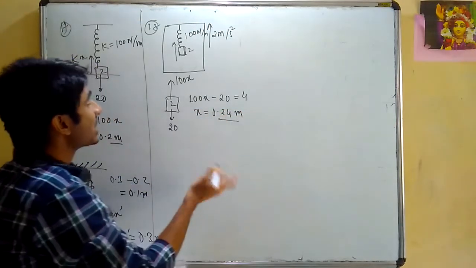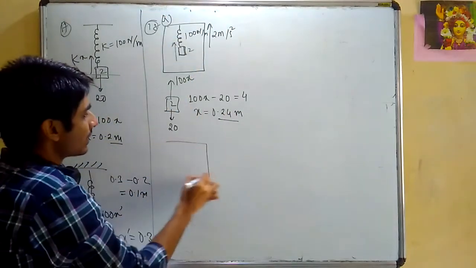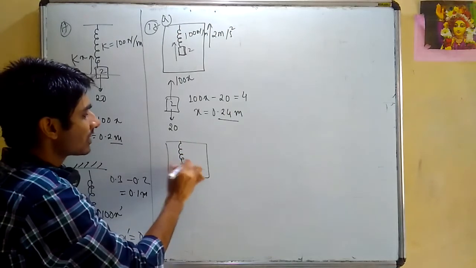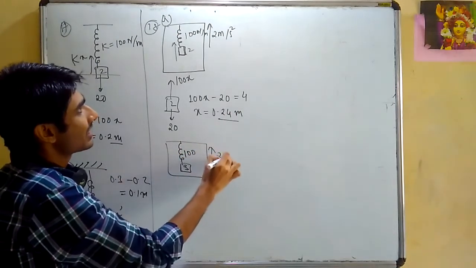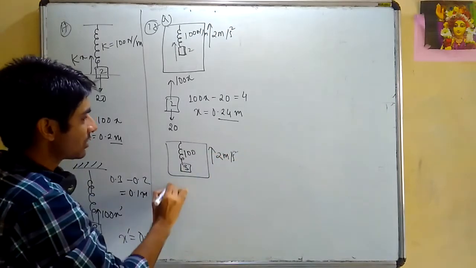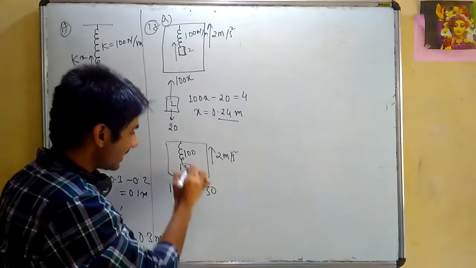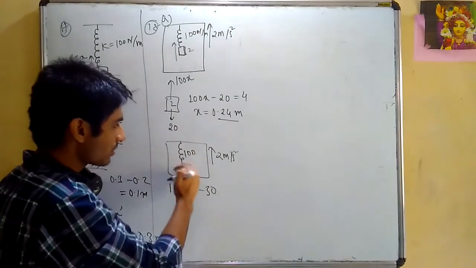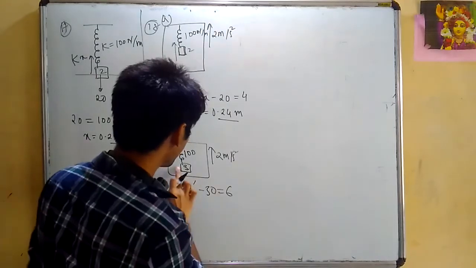This is the extension. Now in the second part it was given that 1 kg further is added. Now if 1 kg is further added, what will this become? 3 kg, going up with the same 2 meter per second square. So the equation will change. Again it will become 100x dash minus 30, that is the spring force minus the weight, equal to 6, mass into acceleration.